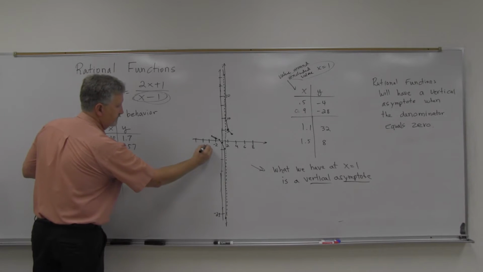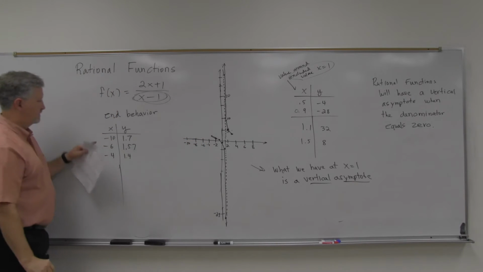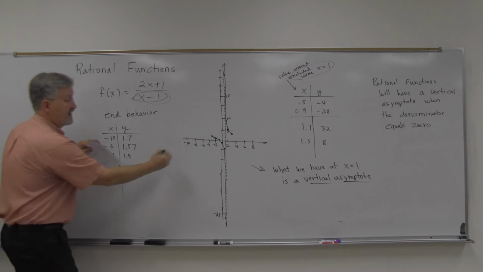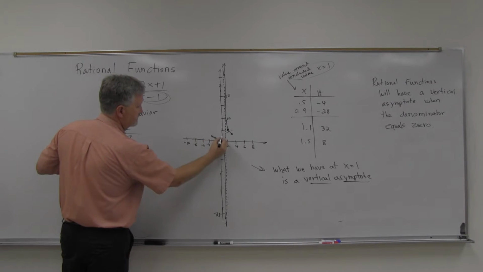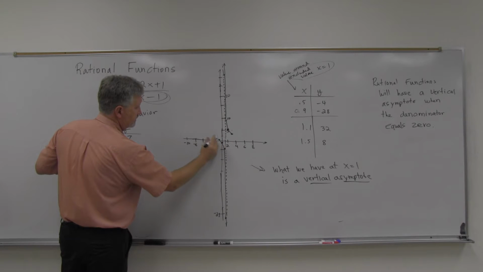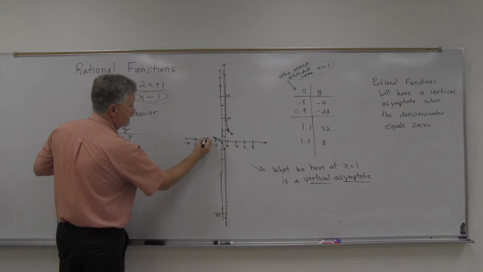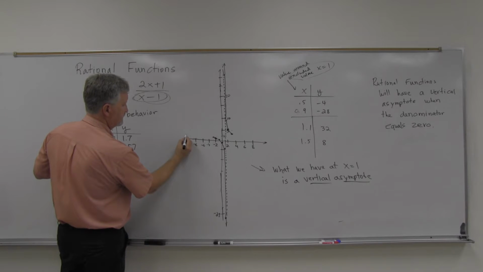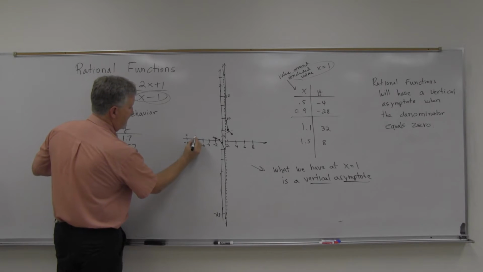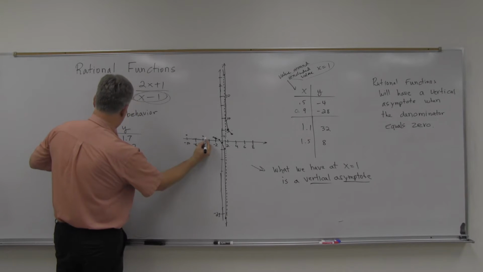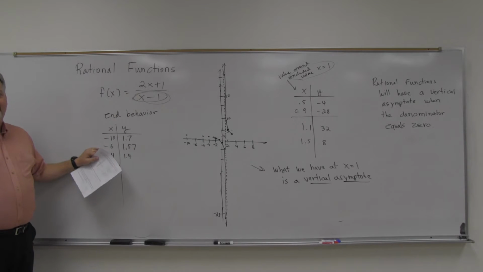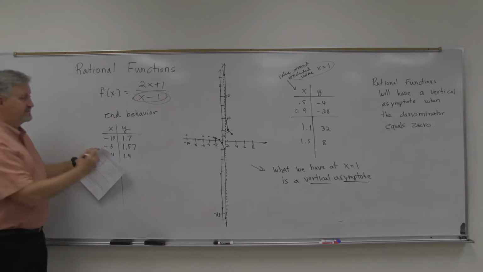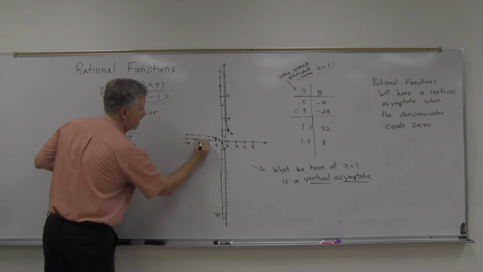So I'm looking at these values out here, all the way out to negative 10. I'm looking at values out on the end of this graph. At negative 10, I'm at positive 1.7, and let's say that's a little high, say 2. 1.57 at negative 6, and negative 4 is 1.4. So I'm not going anywhere fast. In other words, as I go out on the ends, connect the dots, I'm going out here like that.